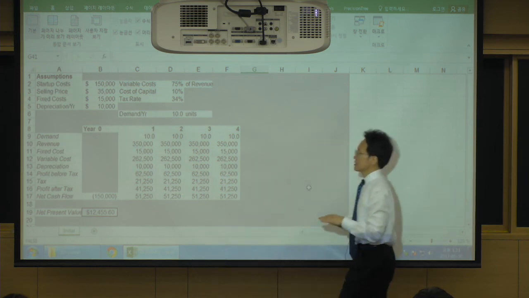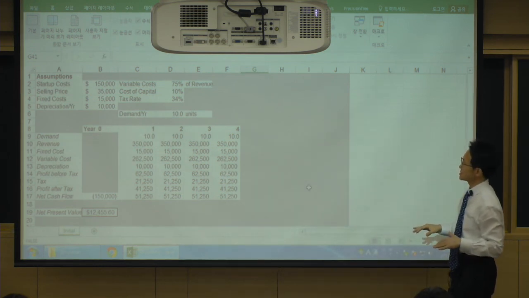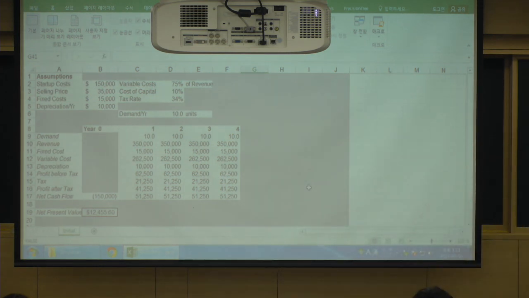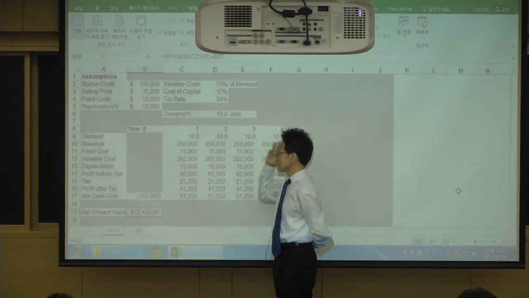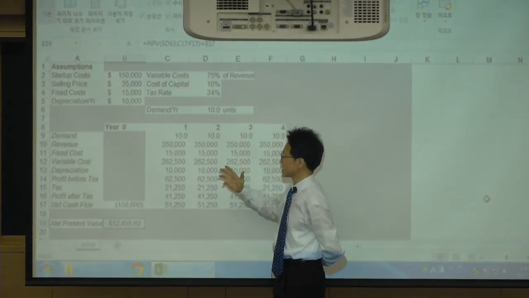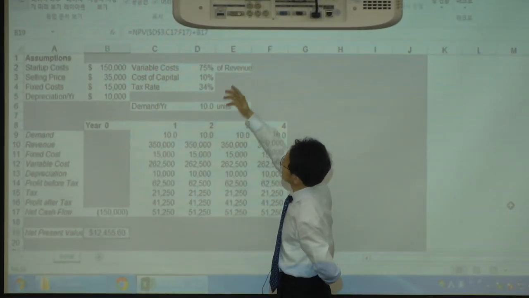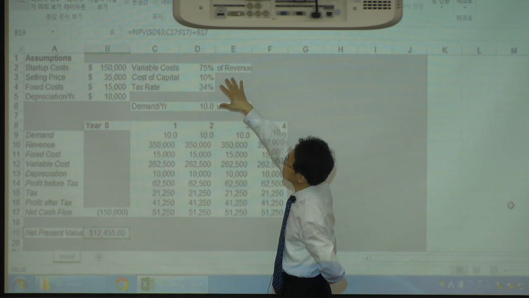I don't want to go over the details, because I'm not trying to give you accounting or finance lessons today. I just want to give you some basic idea about net present value, and let me show you how you can calculate it.